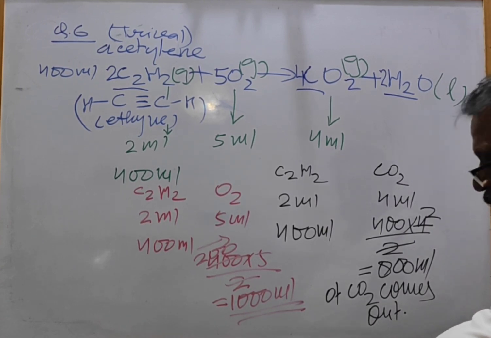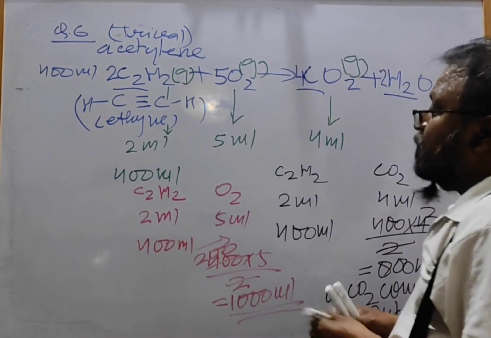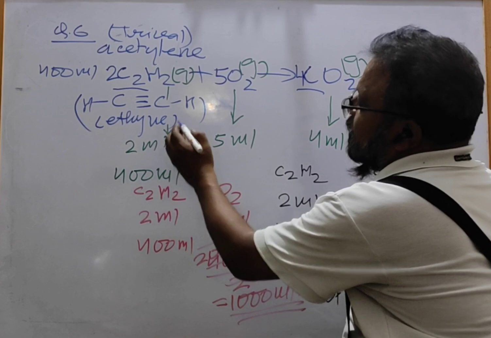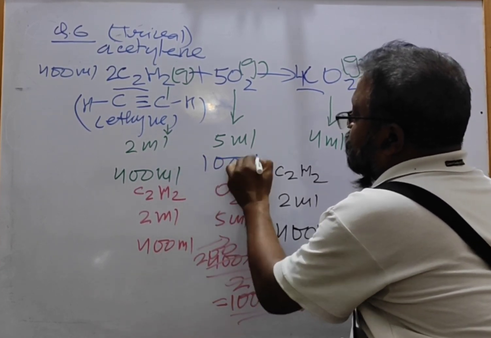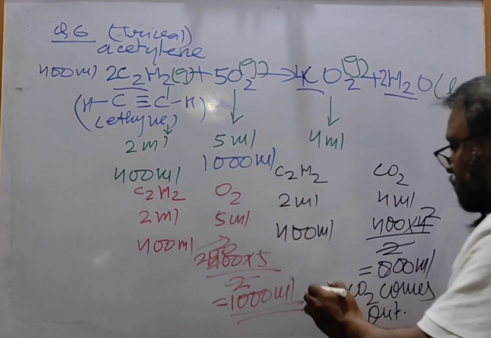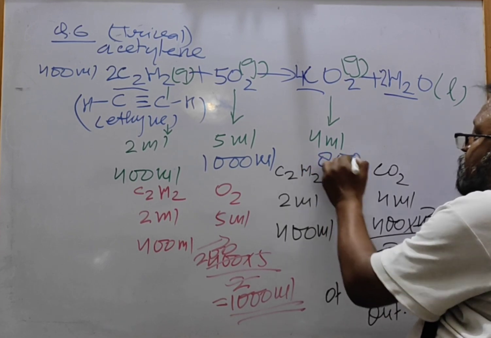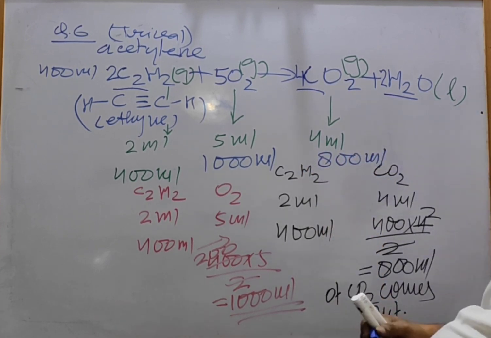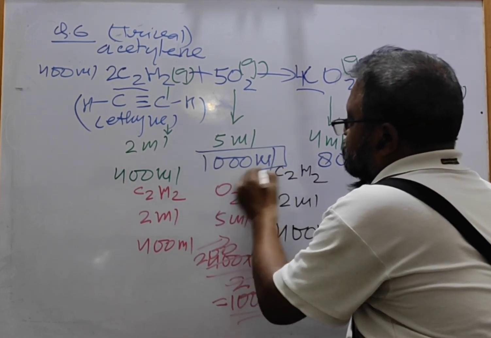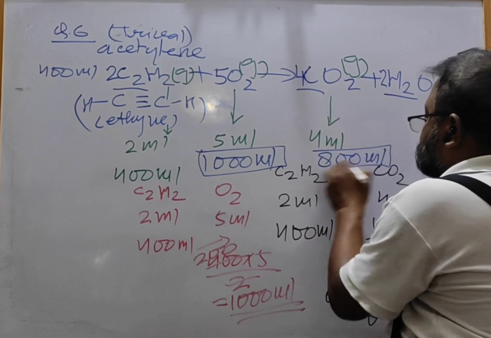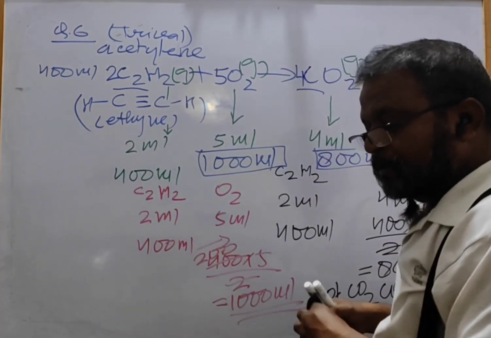So the final result is that 400 ml of acetylene combines with 1000 ml of oxygen and gives us carbon dioxide, that is 800 ml. This is the final outcome.